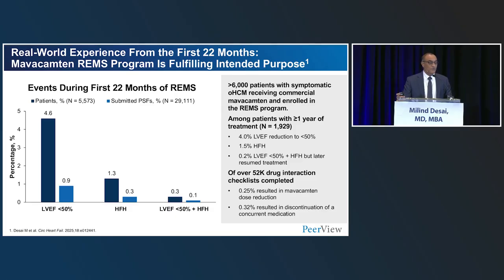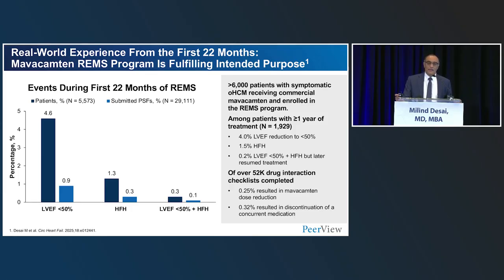This is data from the first 22 months of the REMS program. How is this drug doing in the real world? More than 6,000 patients, of which 5,573 were included in this analysis, 29,000 forms filled. Every time there's an echo done, there's a form filled and entered on the website.